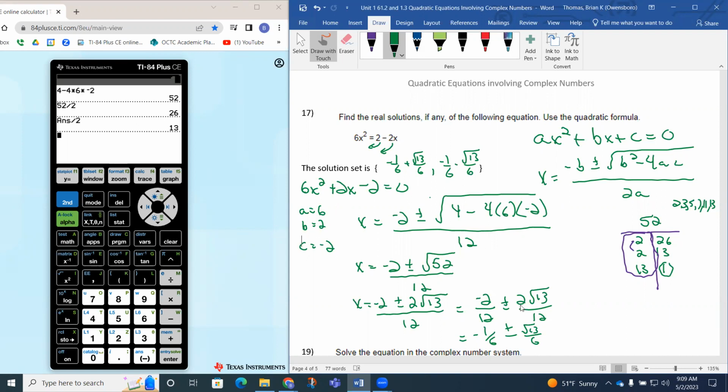You also could just write it as negative 1/6 plus or minus the square root of 13 over 6. Or if you want, you can actually leave this as negative 1 plus or minus the square root of 13 over 6. That would be a third way you could also write it. If you want to put it back together as one fraction, you could. So that would be the solutions for question 17.